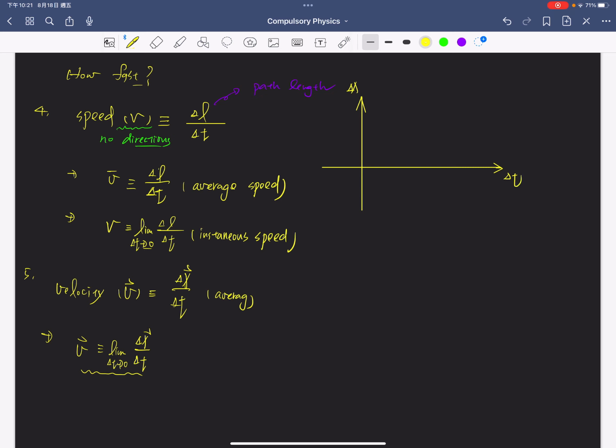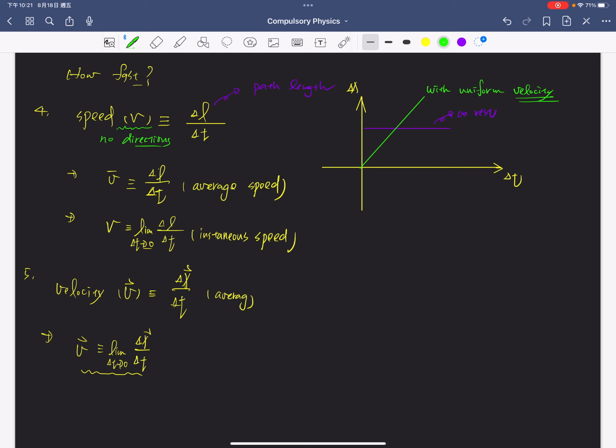If you get a diagram like this one, that means the object is at rest. If there is a line with a slope, this means the motion has uniform velocity.